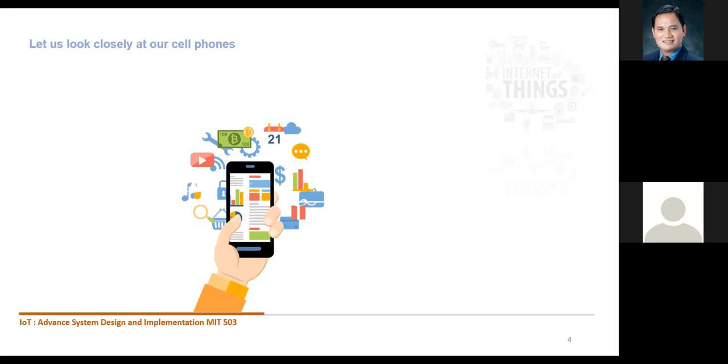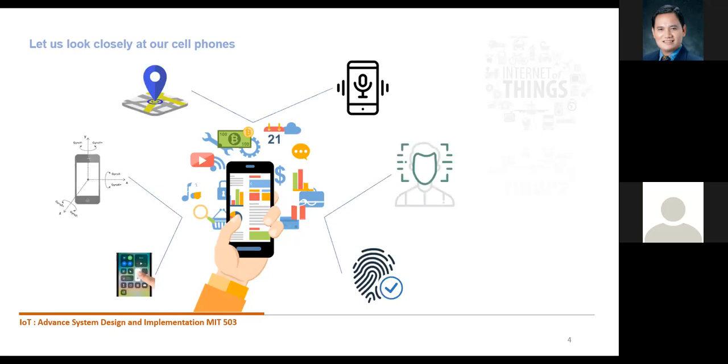Let us look closely sa mga cellphone natin. May mga kasama na yan, may mga features, inputs like finger scanner, face recognition, voice activated, or yung si Google, 'di ba? Yung voice lang gamit niya, makakapag-search ka na eh.